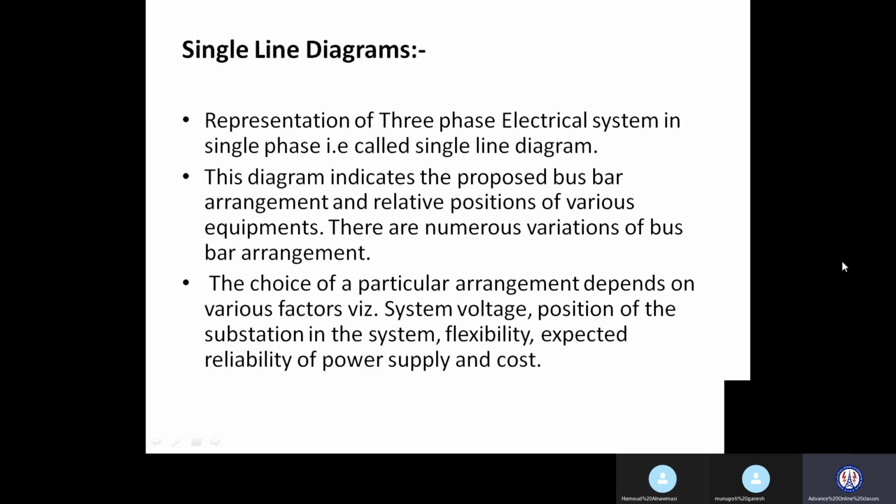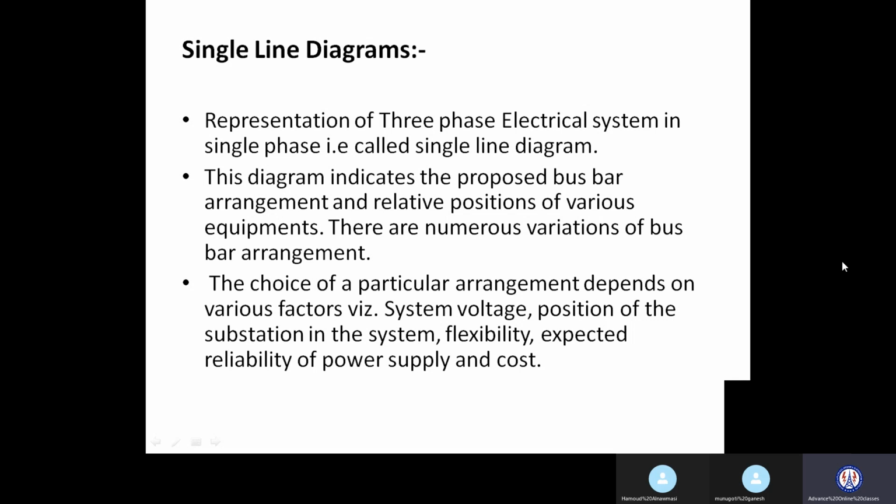So the inputs are: first, type of system or substation; second, type of switching scheme; third, number of incoming and outgoing feeders.